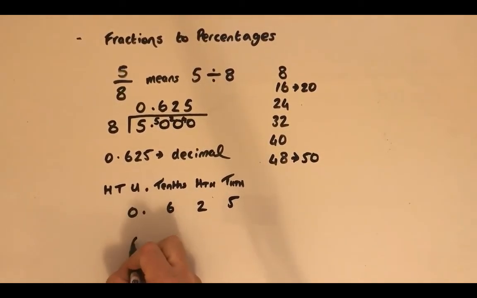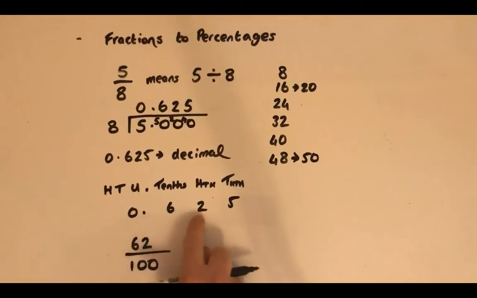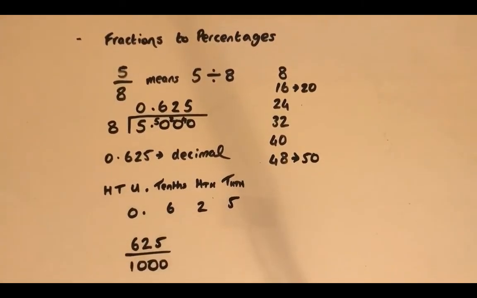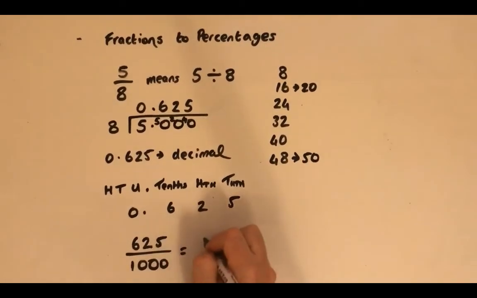So we've got 62 hundredths. Just so we've got a grasp of what this represents, I've got 62 hundredths, but we've not actually got only 62 hundredths, we've got 62.5 hundredths. And this represents 625 thousandths.